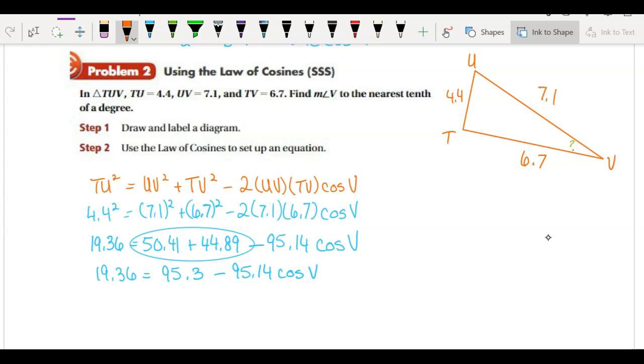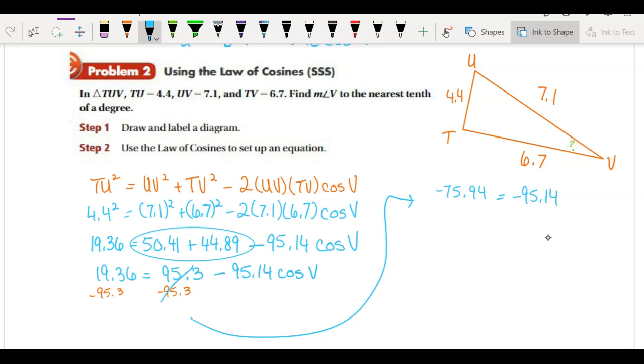So I'm going to subtract 95.3 from both sides. And that is going to give me negative 75.94. So this cancels out. So that's equal to negative 95.14 times the cosine of V.